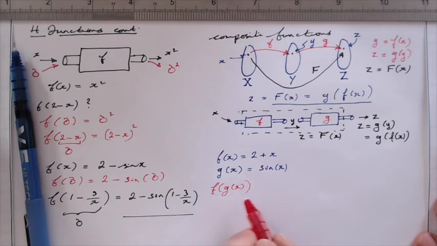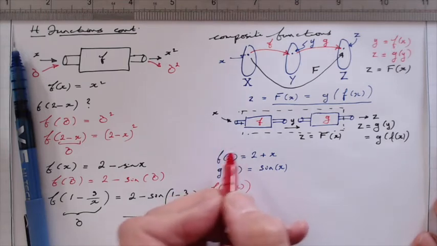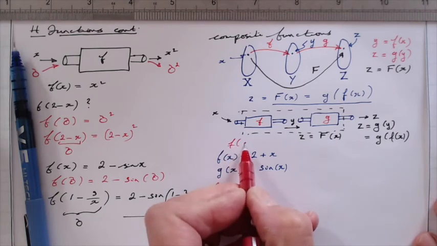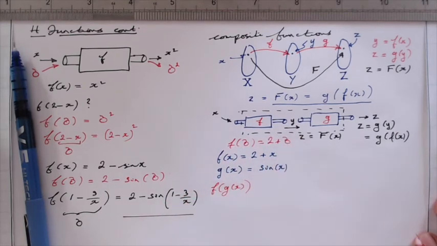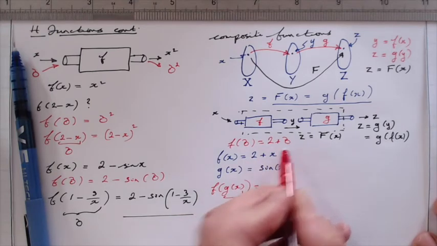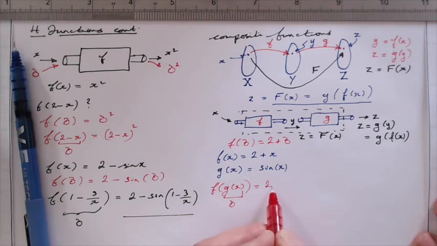Now, f of g of x, right, think f of apple, as it were, is 2 plus apple. And this g of x here is playing the role of your apple. And so f of whatever you put in is just 2 plus that input. So we have 2 plus, and then the input is g of x, which is sine of x.